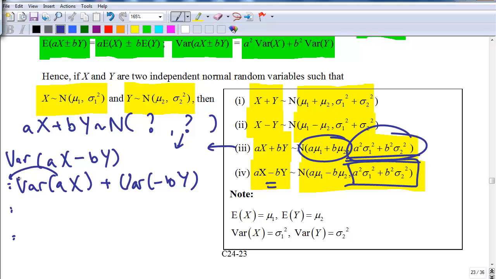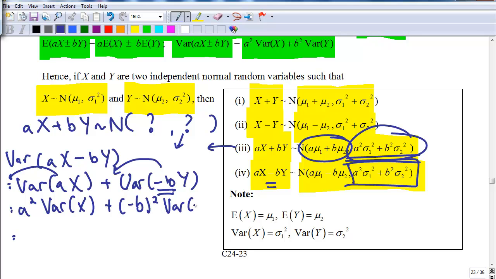Then I'll take my a out. Now for the first one, a comes out and becomes a squared. For the second one, I'm going to take out minus b. So you have minus b whole thing squared, variance of Y. And then I have a squared sigma 1 squared plus b squared sigma 2 squared. See, the minus has disappeared. There you see, it's a plus and not a minus.